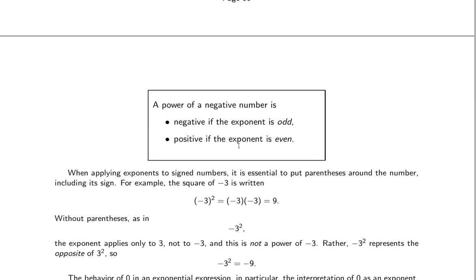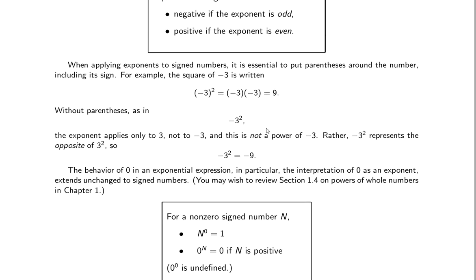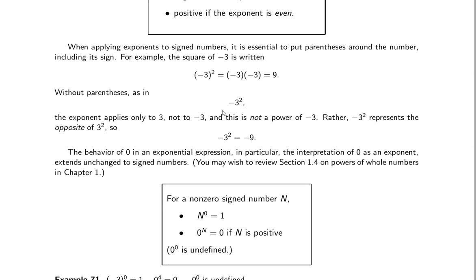Okay, in this section, powers of negative numbers, it just depends on if the exponent is odd or even. And then again, looking at this tricky case. So here, again, the quantity -3 to the power 2. If you have parentheses, that means the base is -3. So the answer is 9. Here the base is just 3.